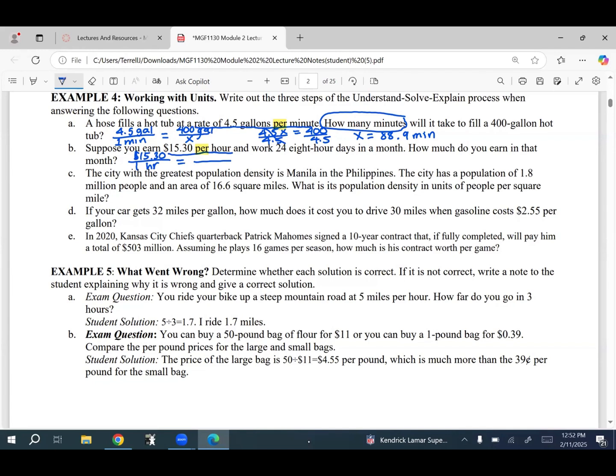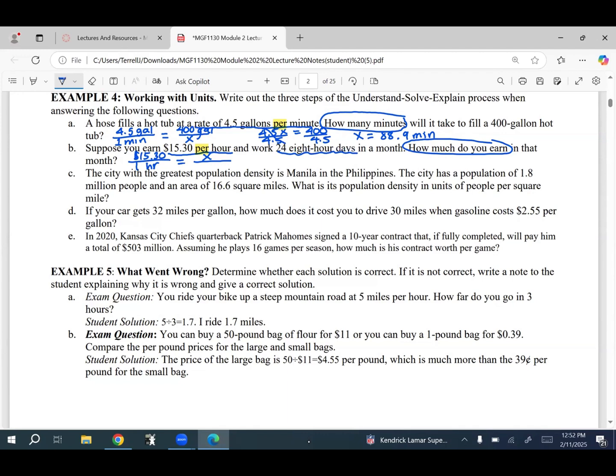Set that equal to, now I'm creating my other fraction. Money goes on top, hour goes on bottom. So it says you work 24 8-hour days in a month. How much do you earn? So I'm looking for money, right? So I'm going to put an x on top. That's what I'm looking for. And as far as the hours go, I have to figure out, what does 24 8-hour days mean?